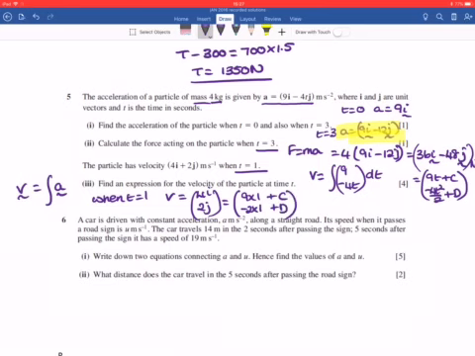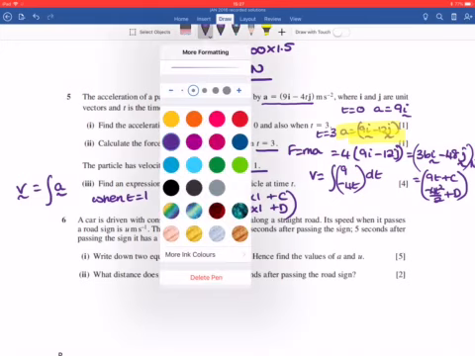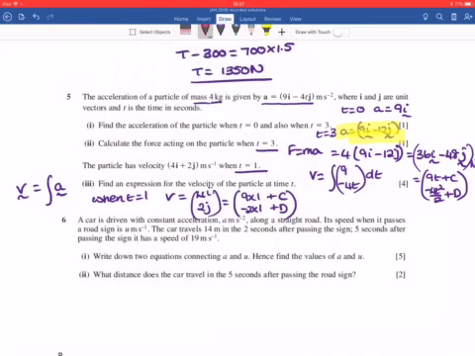So we've got a pair of simultaneous equations. Right, let me change this to red. We've got 4 equals 9 plus c. Therefore, c equals minus 5. And we've got 2 equals minus 2 plus d. Therefore, d equals 4.